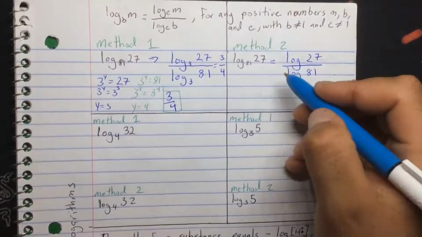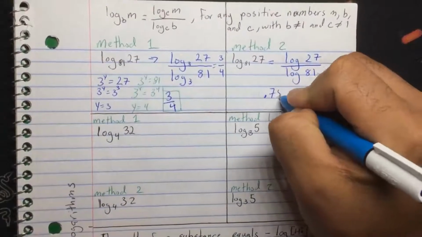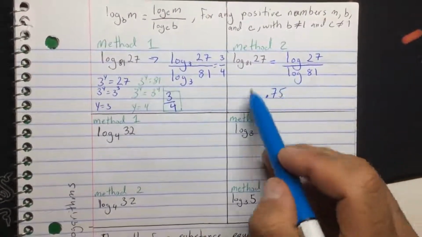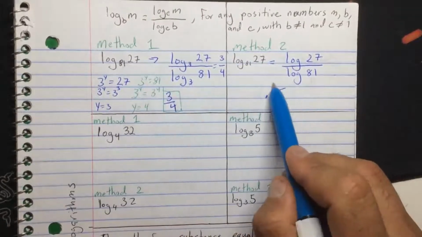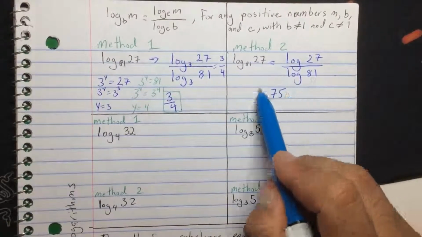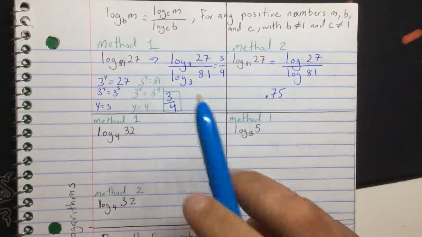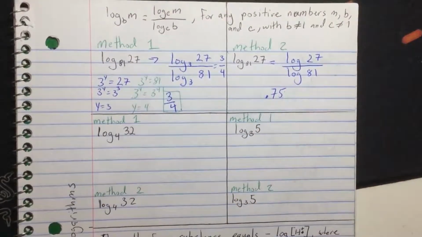Type that into our calculator and we get 0.75. Method 1 will always give you an exact answer, and method 2 would almost always give you a decimal. 0.75 is 3/4, so we know this is correct as well.